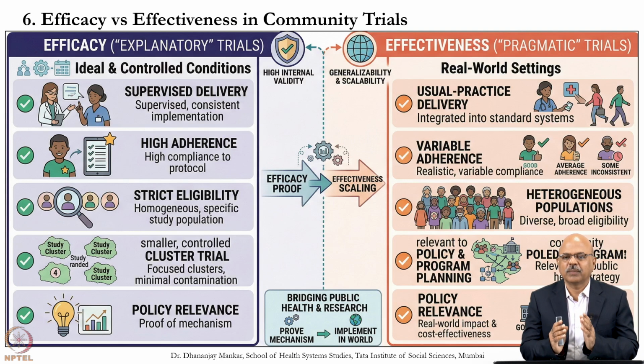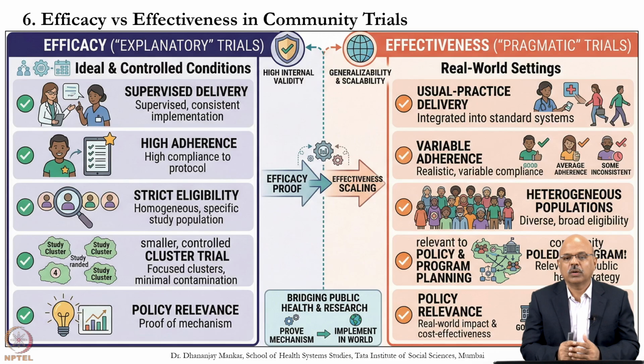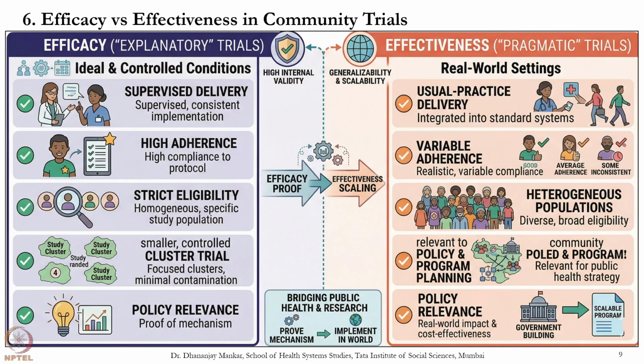Adherence is variable, sometimes inconsistent to average, though it can sometimes be good. But there is realistic variable compliance and a heterogeneous population with broad eligibility, which gives relevance to policy, programs and planning.